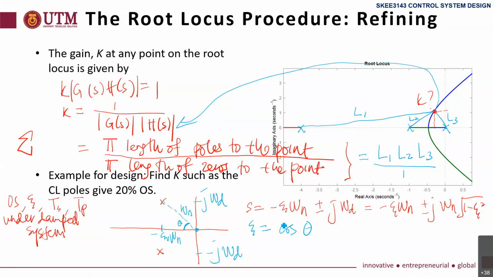And we know that zeta is very related to overshoot, in which overshoot equals exponent of minus zeta pi divided by square root of 1 minus zeta squared.